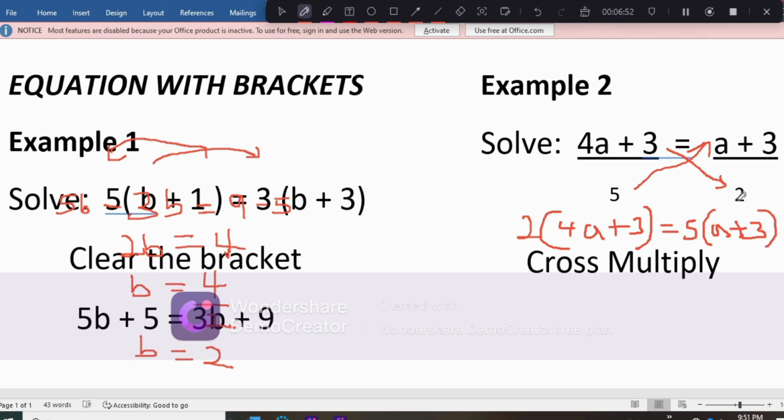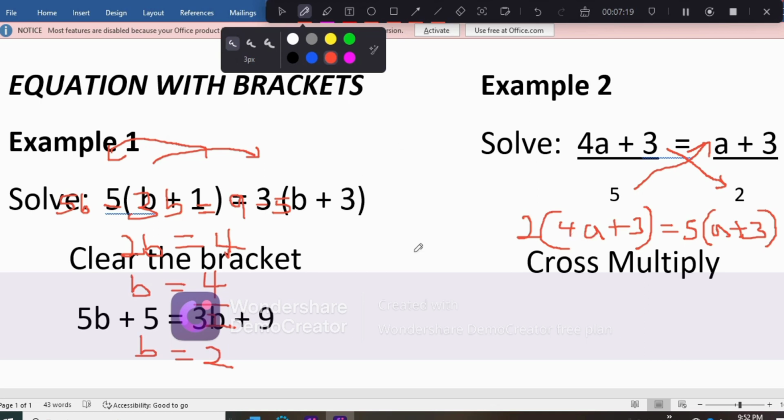So 2 multiplies 4a + 3 equals 5 multiplied by a + 3. So that is the cross multiplication.